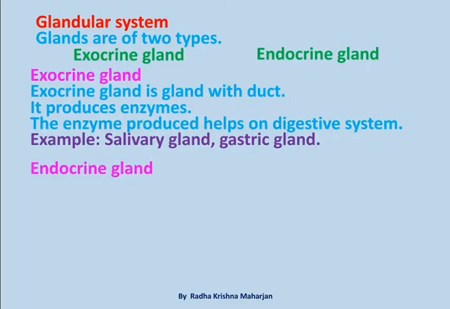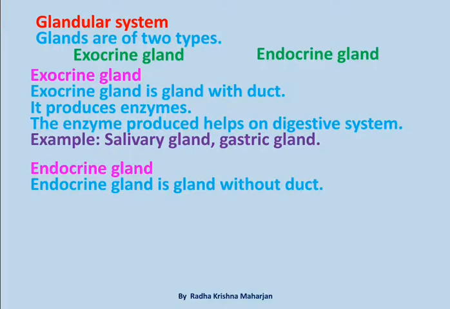Endocrine gland. Endocrine gland is gland without duct. It produces hormone.